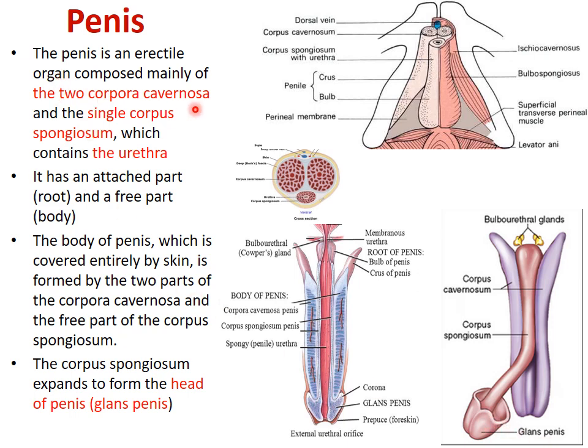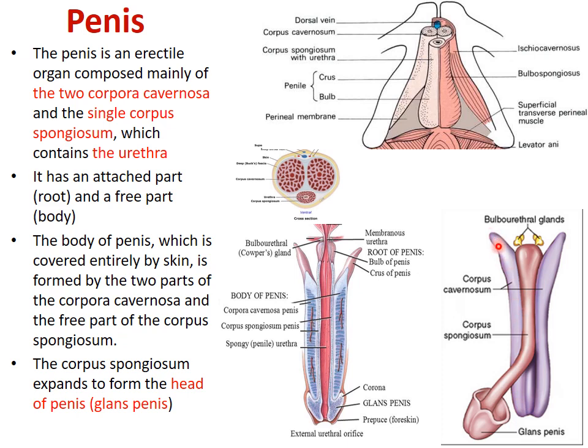So there are two corpora cavernosa and a single corpus spongiosum. Corpus is singular, corpora is plural. The corpora cavernosa are very big and powerful, larger in size and diameter, and there are two in number. Here you can see these two.